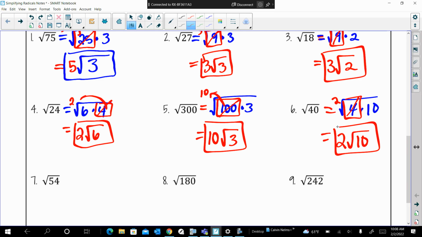All right, what about 54? 9 and what? 9 and 6. Yeah, 6. Sorry. So 9 times 6 gives me 54. 9's the perfect square. The square root of 9 is 3. So this would be 3 root 6.